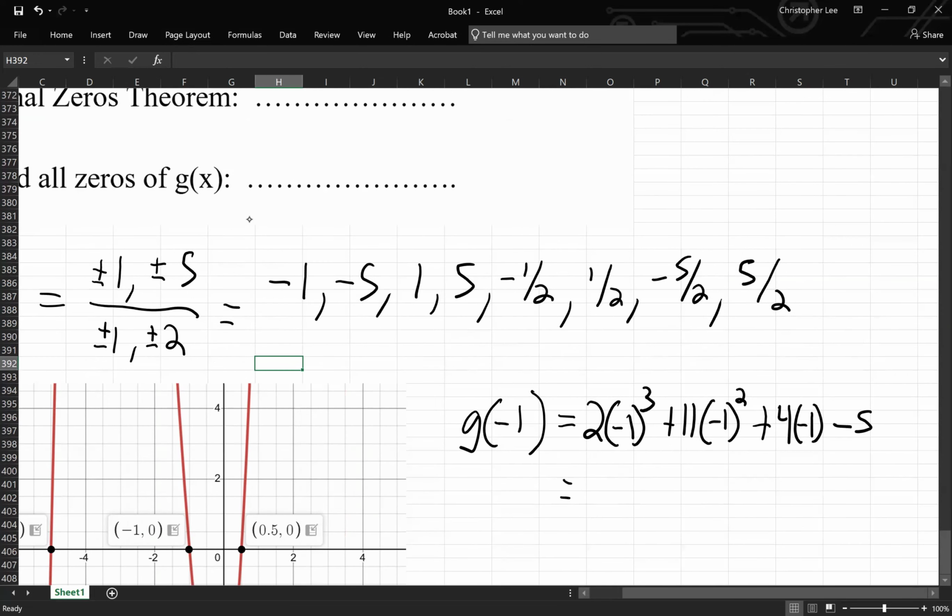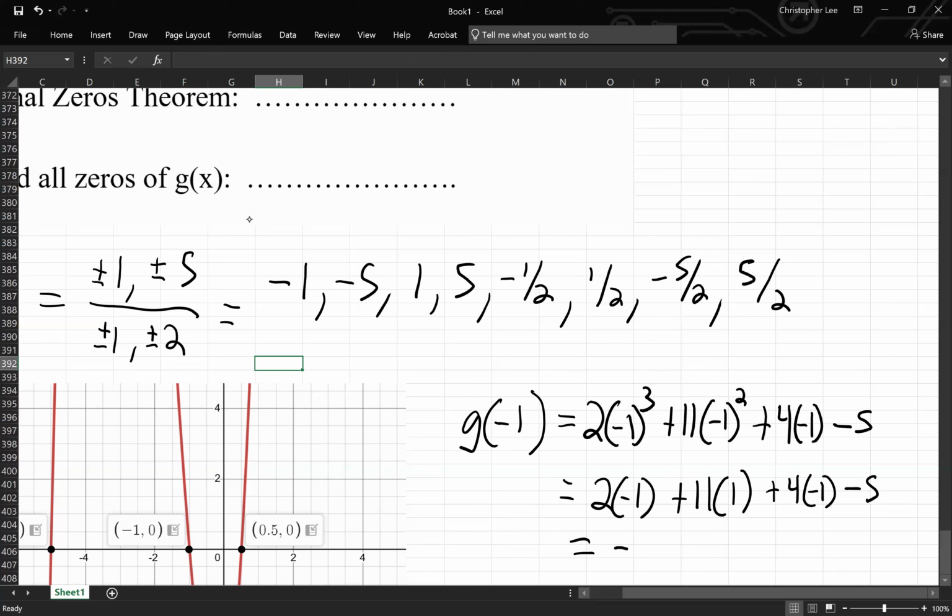Now, if this works, I should get 0 out. So let's see. 2 times -1 cubed, that's going to be 2 times -1. 11 times -1 squared is going to be plus 11 times 1. And then we have plus 4 times -1, and then of course we have minus 5.